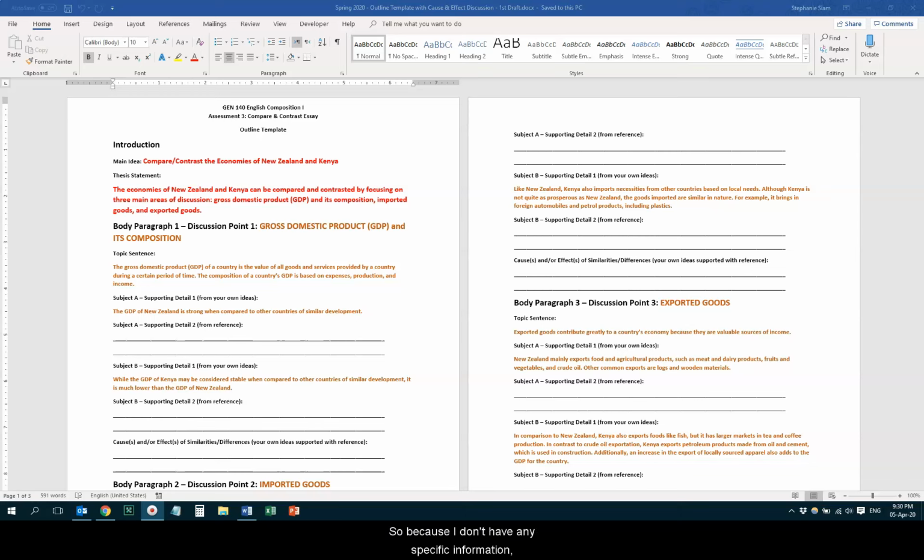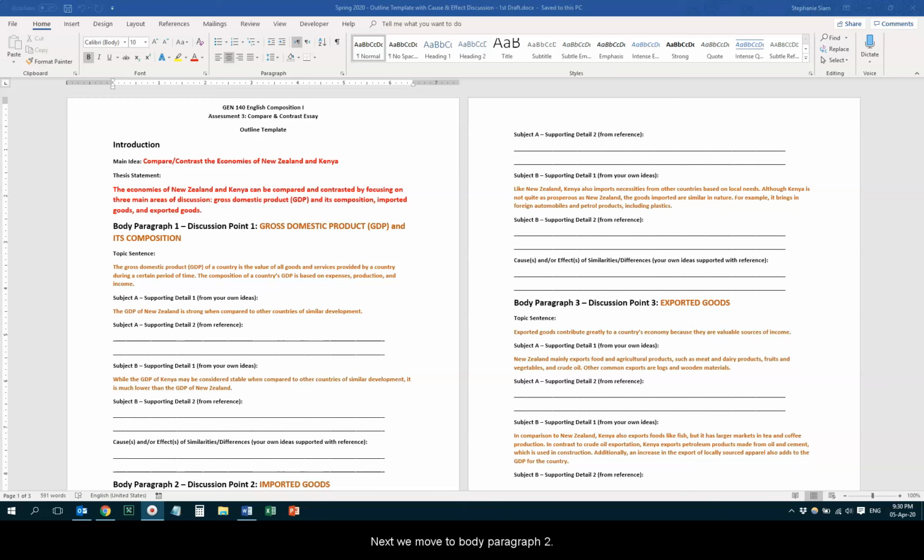So because I don't have any specific information, I've written a very generalized statement about the GDP for New Zealand. Then I go to the supporting detail for subject B. While the GDP of Kenya may be considered stable when compared to other countries of similar development, it is much lower than the GDP of New Zealand. So I've contrasted both GDPs for each country.